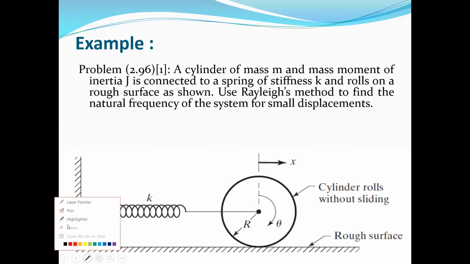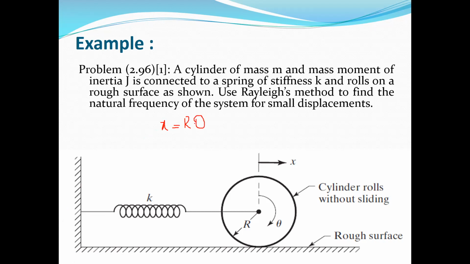So for this system, we can write that x is equal to r, the radius of the cylinder, multiplied by theta, and we can conclude that x dot, the velocity, is equal to r theta dot.